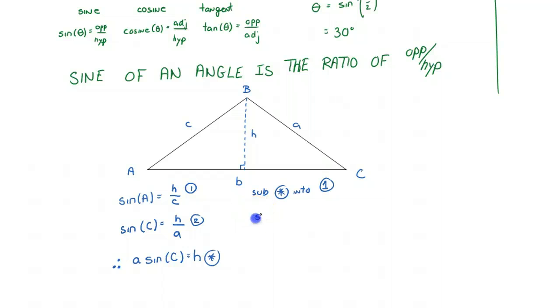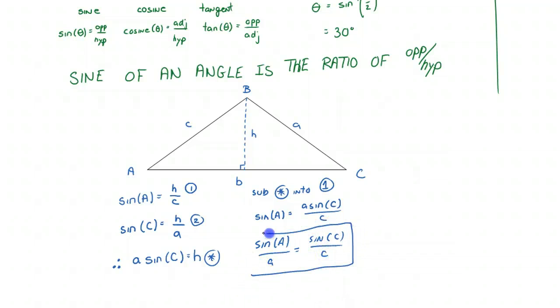Therefore sine A is equal to A sine C over C. Doing some algebra, sine A over A equals sine C over C. And we now have related the angles and the sides using what's called sine law.